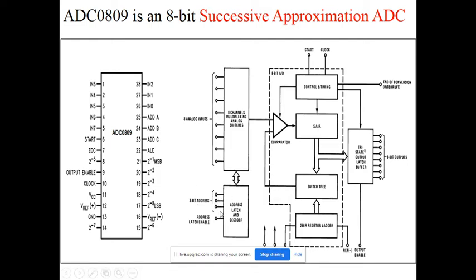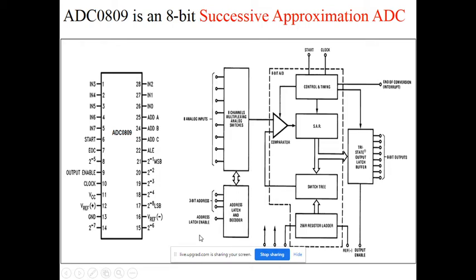Suppose it is 0 0 0, then the 0th channel is connected. When it is 0 0 1, the first channel is connected. When it is 0 1 0, the second channel is connected, and when all are 1, the 7th channel is connected. In this fashion, from the 0th channel up to the 7th channel, a total of 8 channels can be connected to the ADC as per the ABC status. This ABC is your select lines.